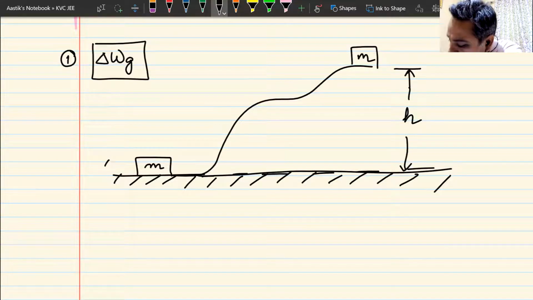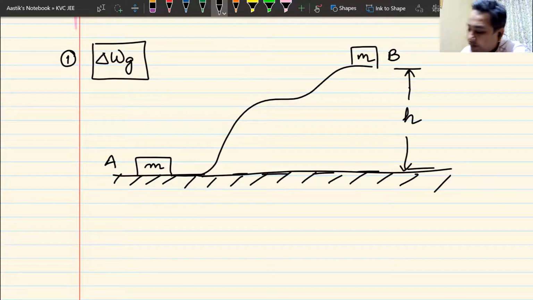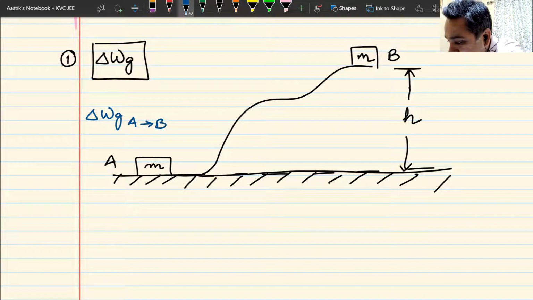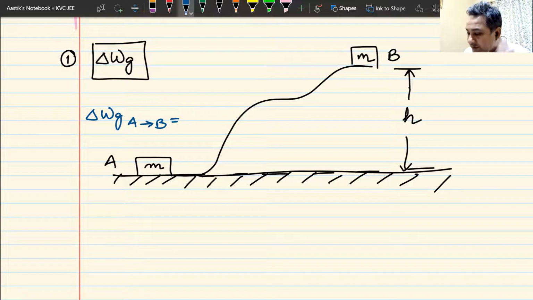Now if I call this point as point A, and this point as point B, my first question is, since you already know the answer, what is the work done by gravity in moving it from A to B?